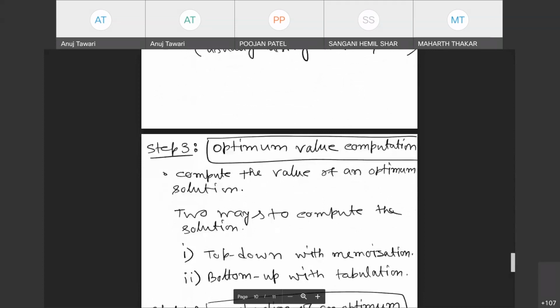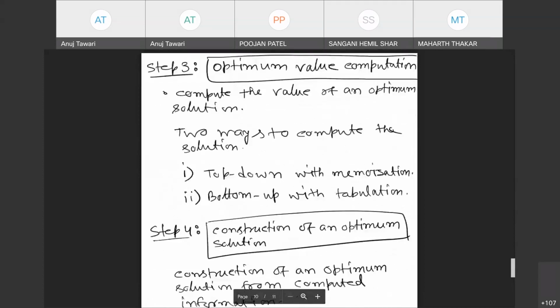There are two ways to do it. One is the top-down approach with memoization, where we memorize the solutions to certain subproblems by storing them in an array. The other is a technique where we use a table and the bottom-up approach. The difference is that the bottom-up approach is space efficient, so you'll only need some constant amount of space, and top-down is more space consuming, and might need a linear amount of space.